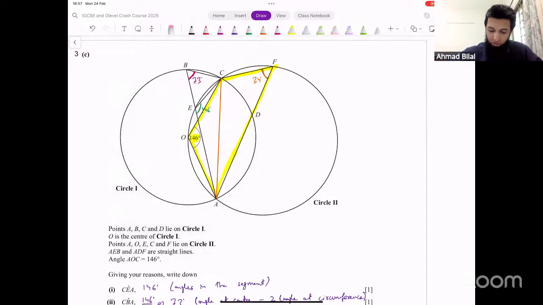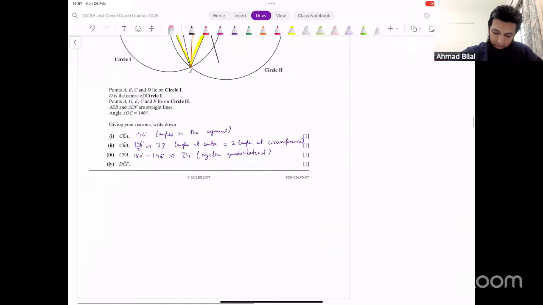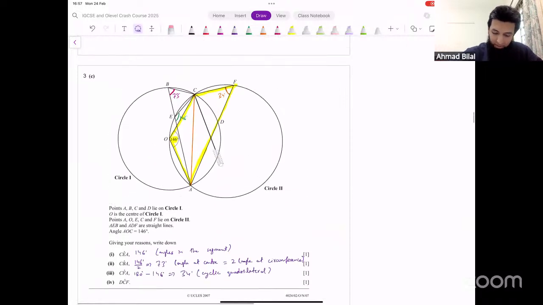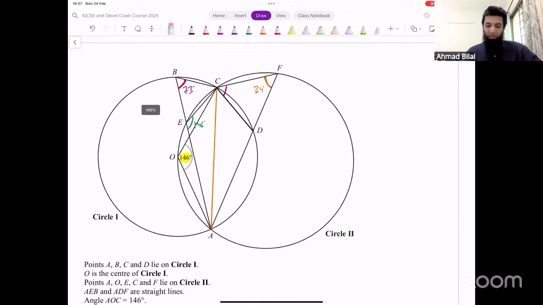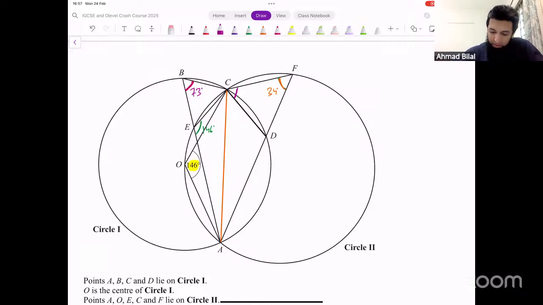If I were to join the points C and D like this, the angle that we're looking for is this one here. Now let me get rid of this shading again. How do we find this angle now? That's the next thing that we need to think about.